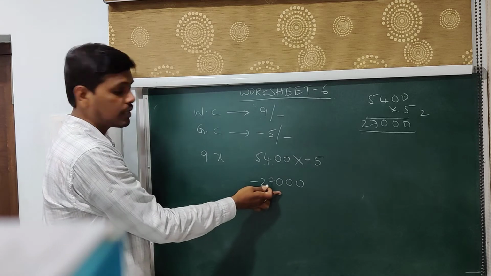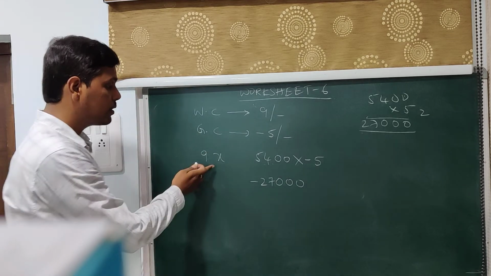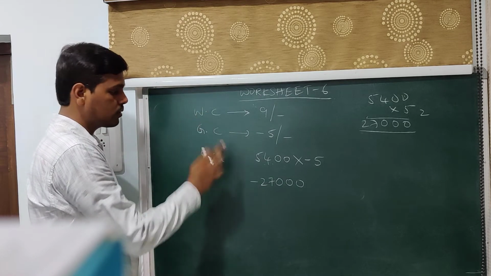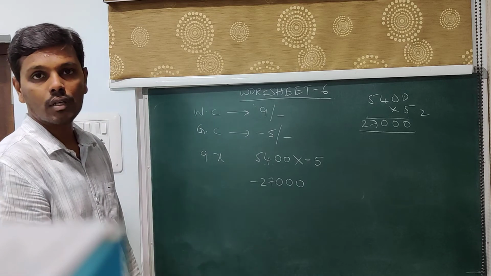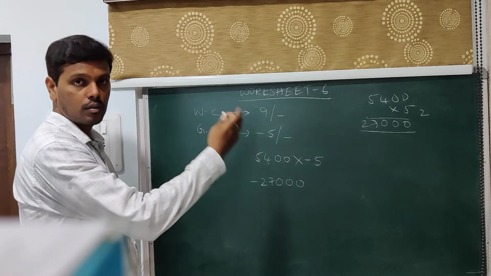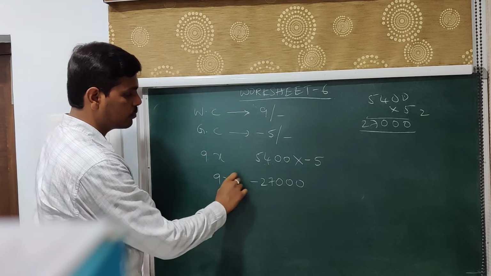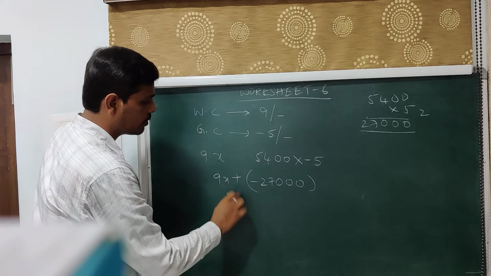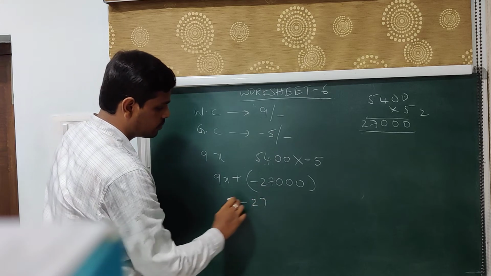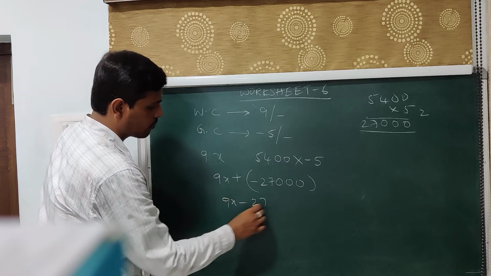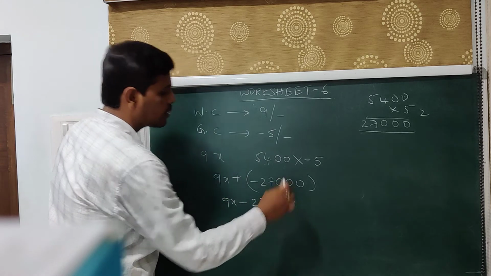So this is the amount they are getting on the grey bags, and this is the amount they are getting on white bags. Now I will try to calculate the total amount they are obtaining on both grey bags and white bags. So this is the summation of these two, which is 9X plus into minus is minus 27,000.